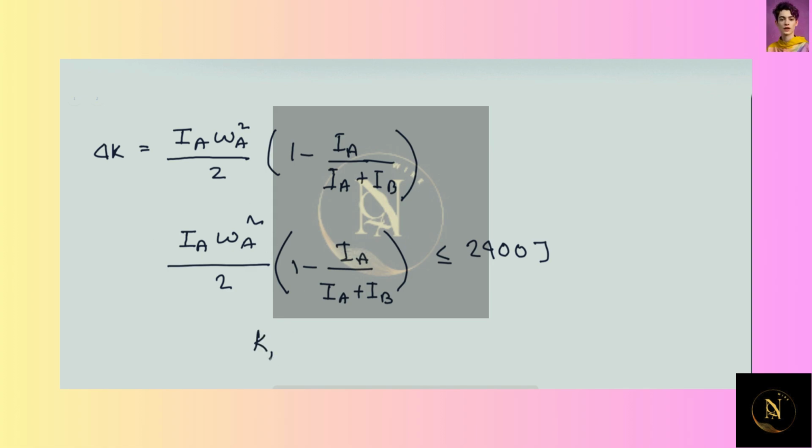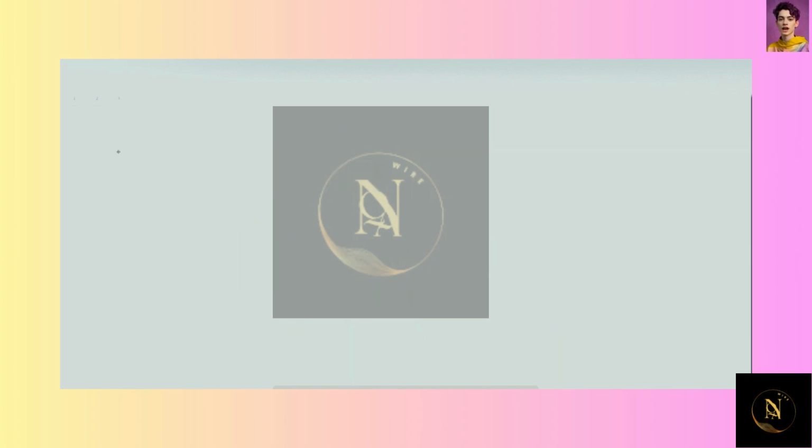So we'll have Ka times 1 minus IA by IA plus IB is less than or equal to 2400 joules. And from there we see that Ka should be less than or equal to 2400 joules times IA plus IB by IB.